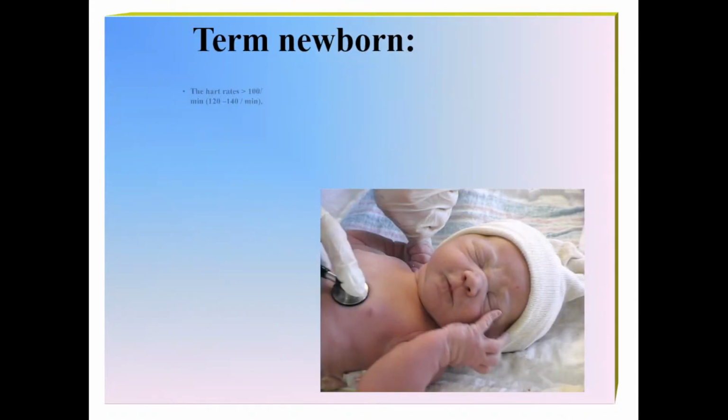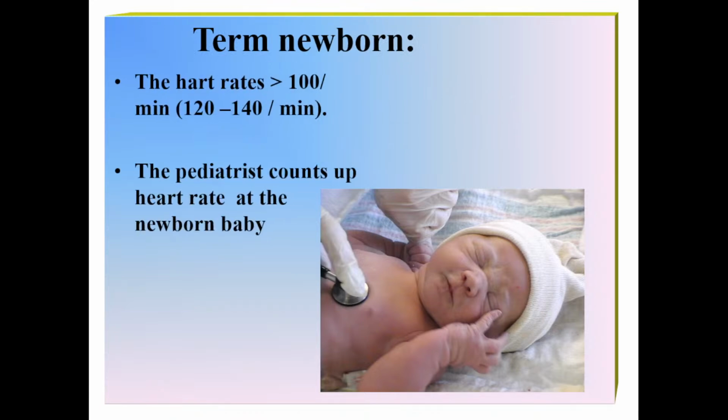Now the full-term newborn. We remember the physiological parameters of physical development such as pulse rate and breath rate. The heart rate of a newborn, for example, must be more than 100 per minute, on average 120 to 140 per minute.